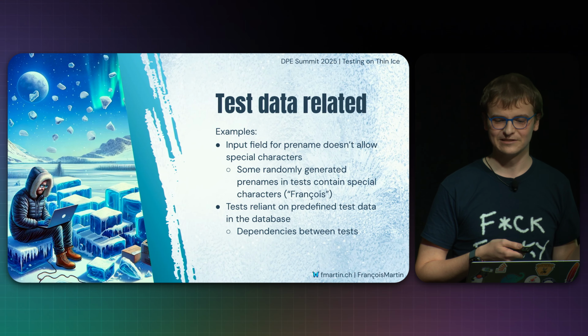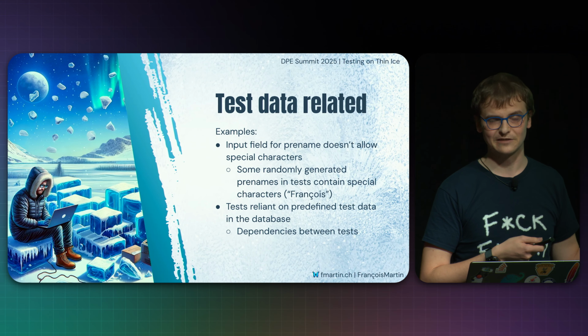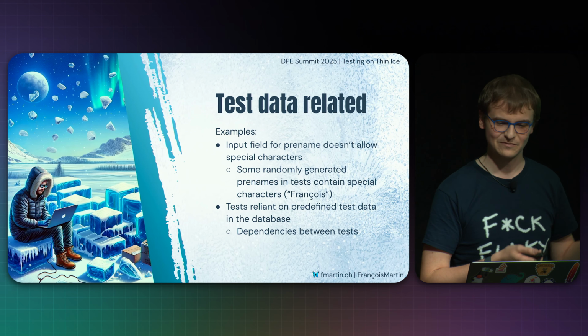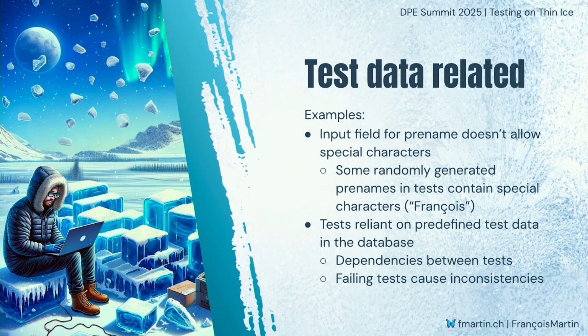Because if you create a file in one test, for example, and you read that file in another, you might have similar issues to that one. And then you also might have some failing tests due to just some inconsistencies. Let's say you have some actions which change the test data in the database, but then later it fails on a later step.